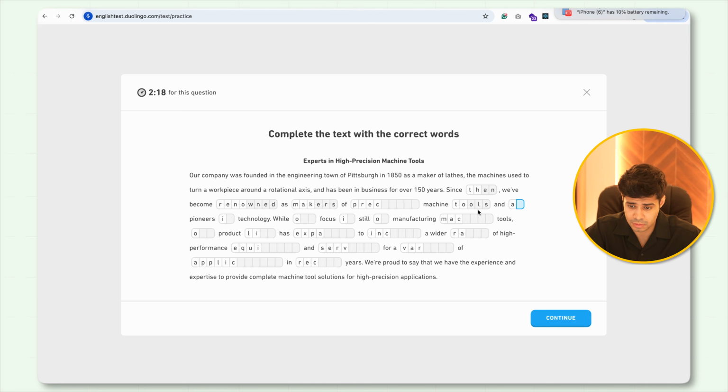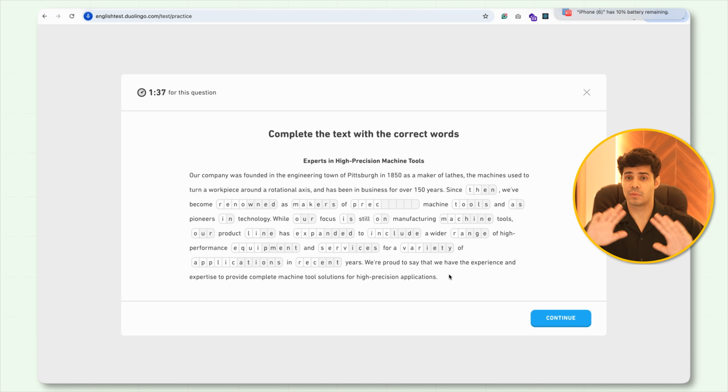Tools. And what is this? It should be and as pioneers in technology. While our focus is still on manufacturing machine tools, our product line has expanded to include a wider range, so easy, of high performance equipment and services for a variety of applications in recent years.